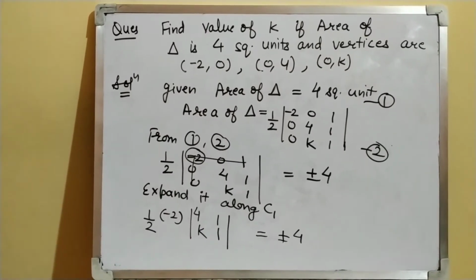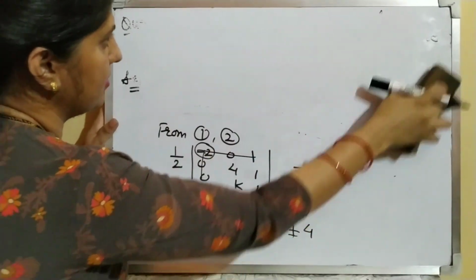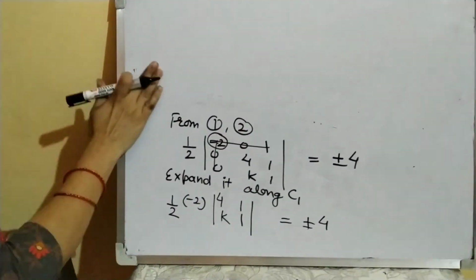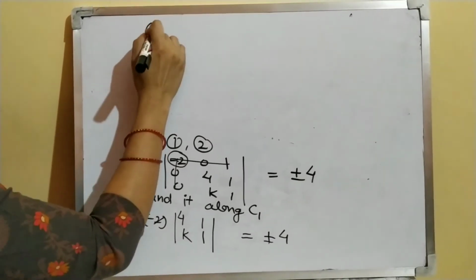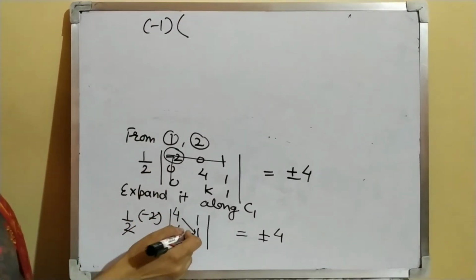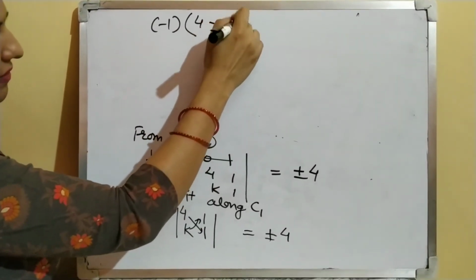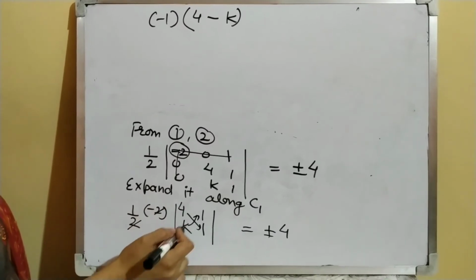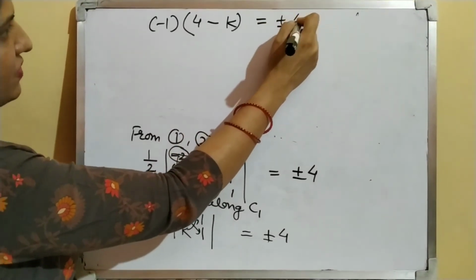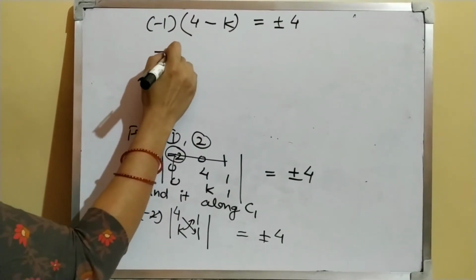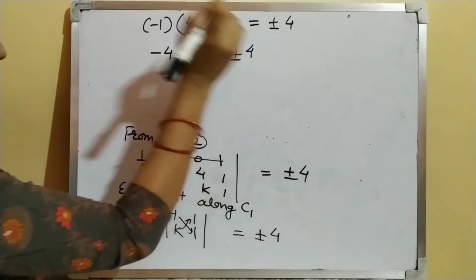Simplify the left hand side. 2 and 2 cancel out. We get -1 into (4 minus k), product of diagonal minus product of non-diagonal, which is equal to plus minus 4. We get -4 plus k is equal to plus minus 4.